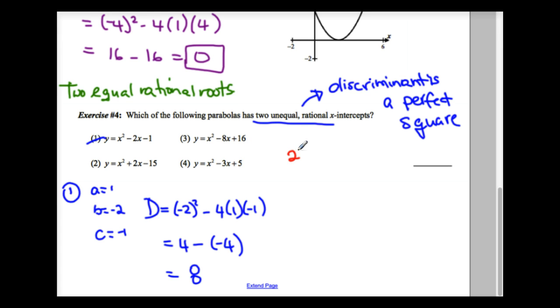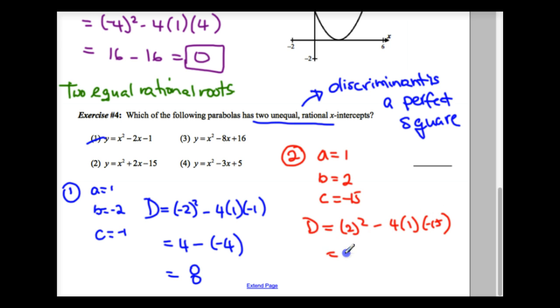Choice 2. A is equal to 1, B is equal to 2, C is equal to -15. My discriminant D is equal to 2 squared minus 4 times 1 times -15. 4 take away -60.